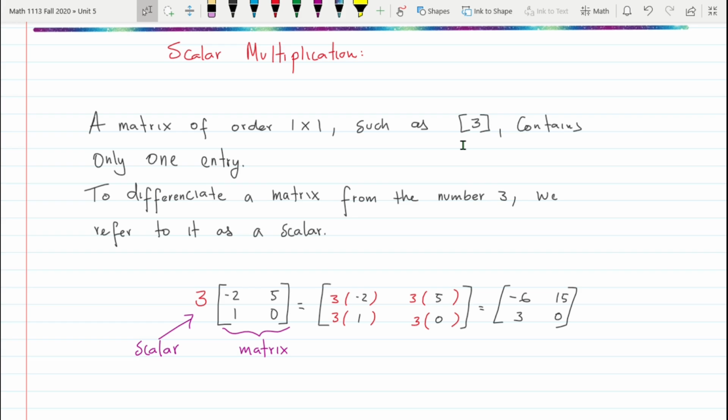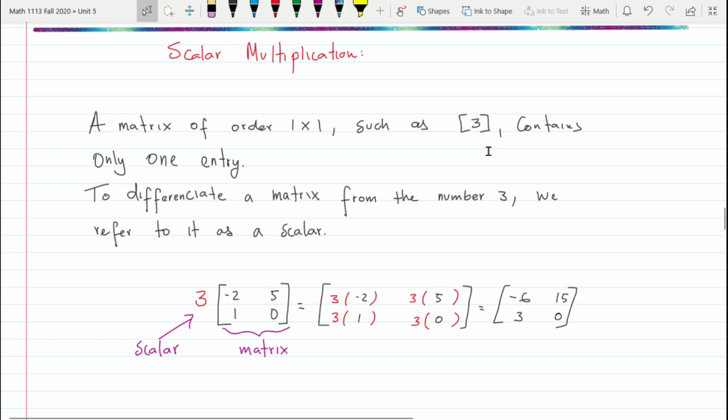So how do we differentiate that from a number by itself? The number 3 by itself, not inside of brackets, is known as a scalar. This right here is the matrix with one element, which is 3.